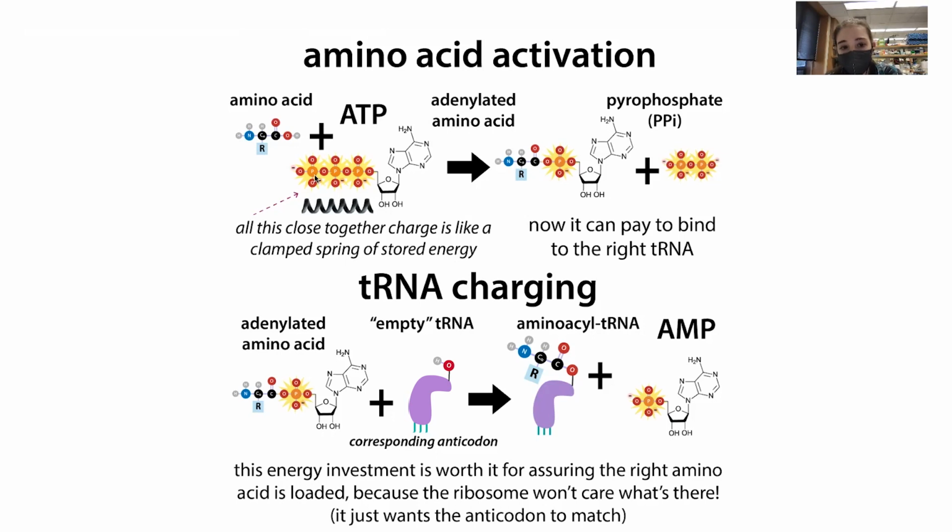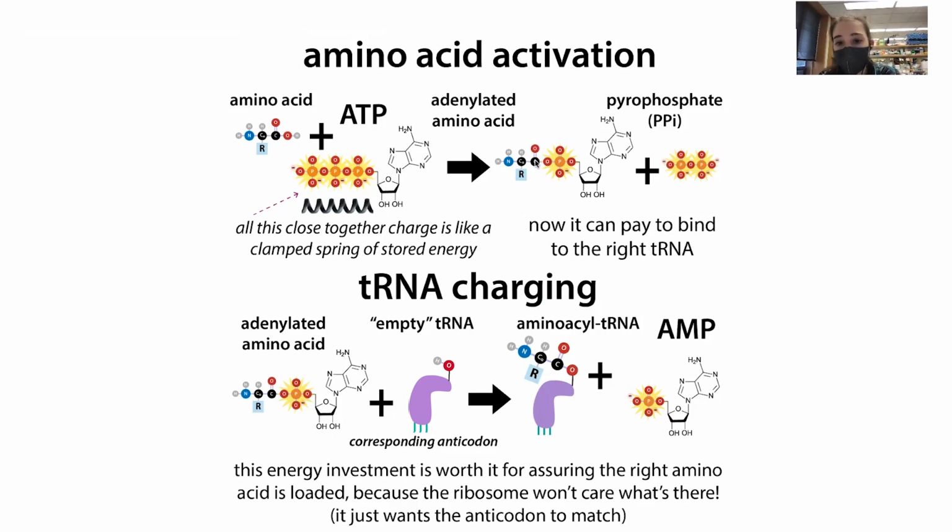This is covered more in ATP and other posts, but it's kind of like a coiled clamp spring. You have these negatively charged phosphate groups held really close together. If you break them apart, you release energy that you can use to do things, and you make this bond more reactive. We call these high energy bonds because they have a high potential chemical energy.